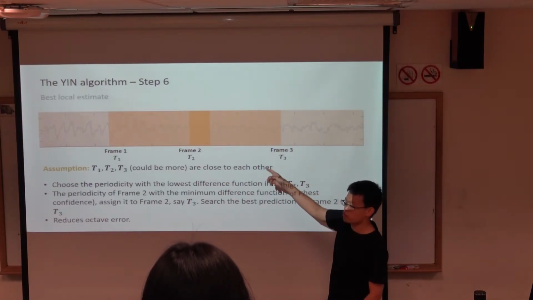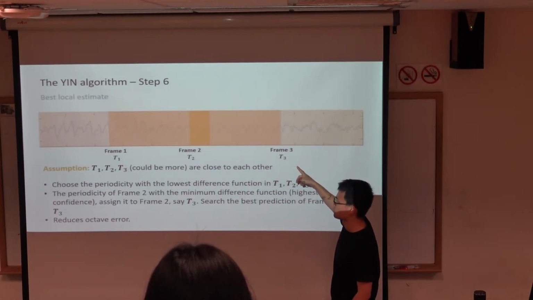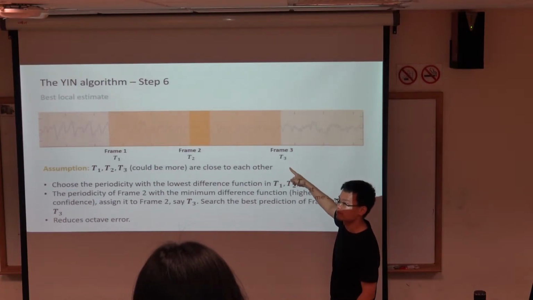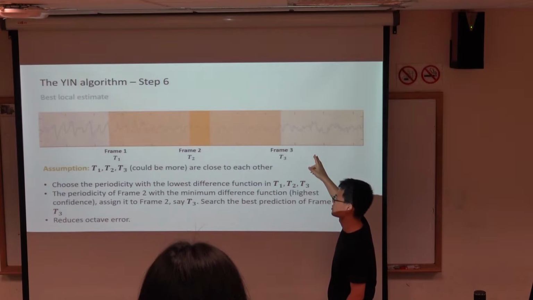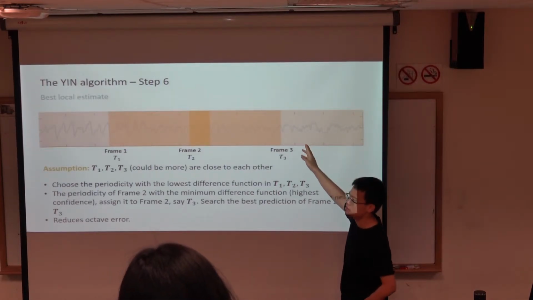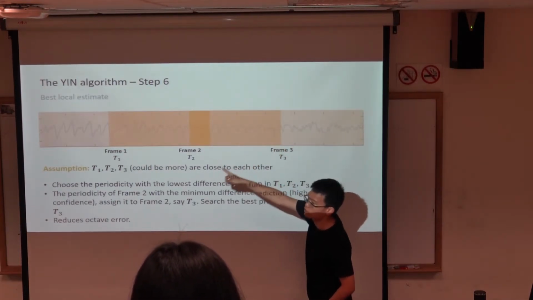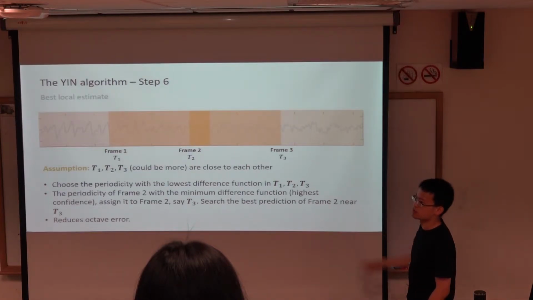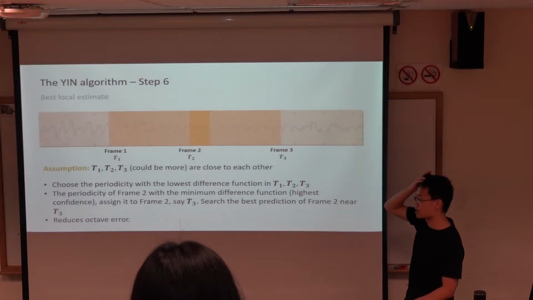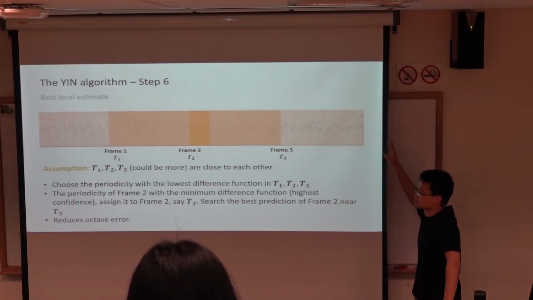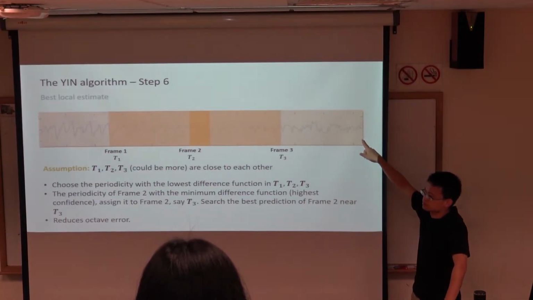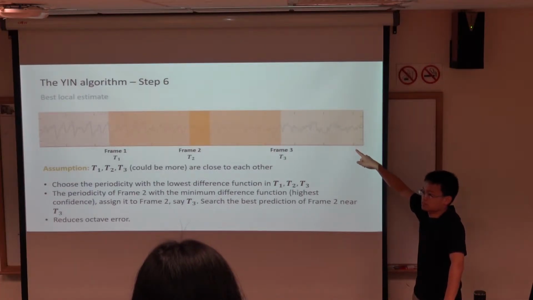So why do we choose 3 frames here? It can be a lot of frames actually. It can be 100 frames, as long as the frame size and the whole length of this signal is lower than the longest period you want to detect.